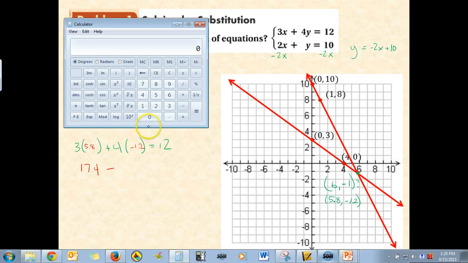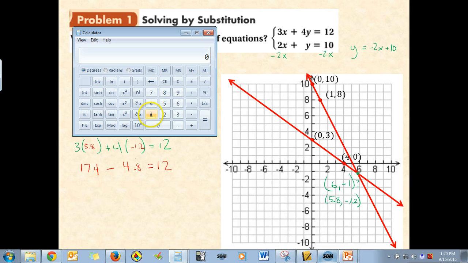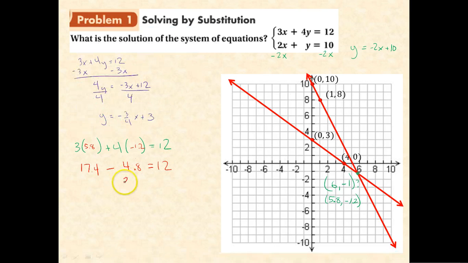And then it's going to be negative 4 times 1.2, which is 4.8. And then 17.4 minus 4.8. Let's see. 17.4 minus 4.8 is 12.6. It's closer to 12, but it's not equal to 12.